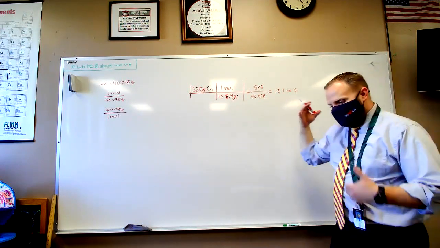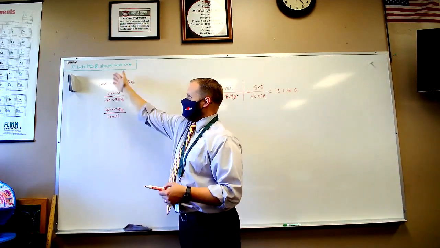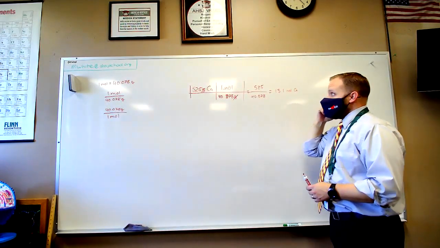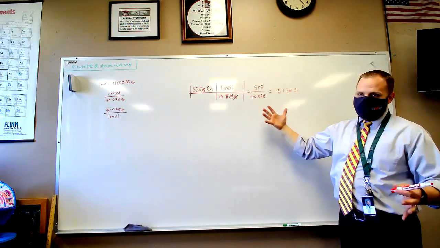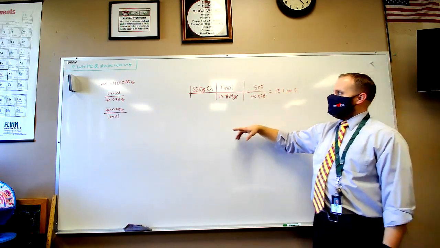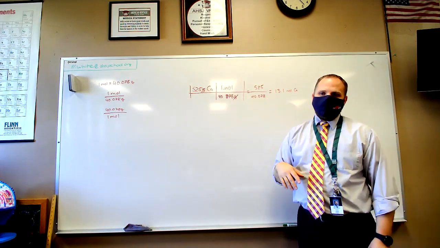So like I said, as you get more comfortable with this, you probably stop writing this. And honestly, if I'm doing it myself, I usually don't write these two. Especially if there's a 1 right there, I know that all I have to do is divide those.